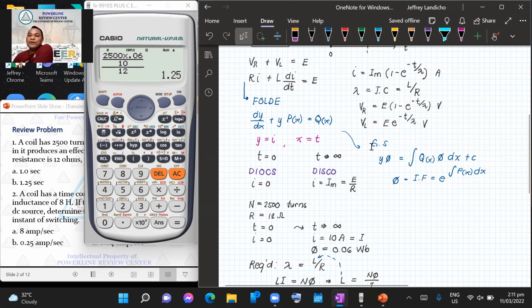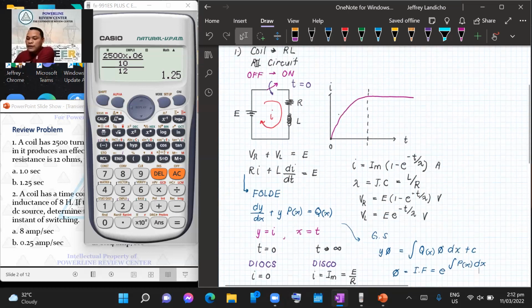When you solve this differential equation, take note that y is the current I and t is the corresponding x. That is how you get this formula. Take note, this formula is applicable to which circuit? An RL circuit, and under what condition?